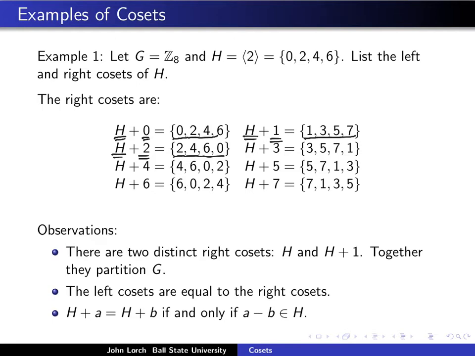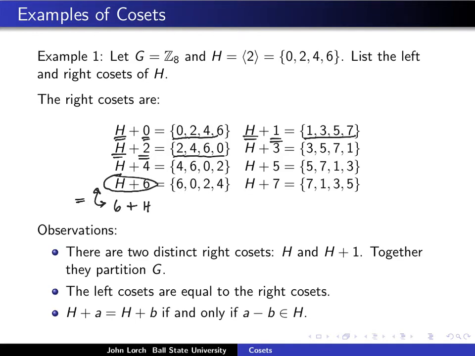For instance, if you're going to compute H plus 6 or 6 plus H, the only difference is whether you add 6 on the left or 6 on the right, and that will make no difference because this group is abelian. So these two are equal.